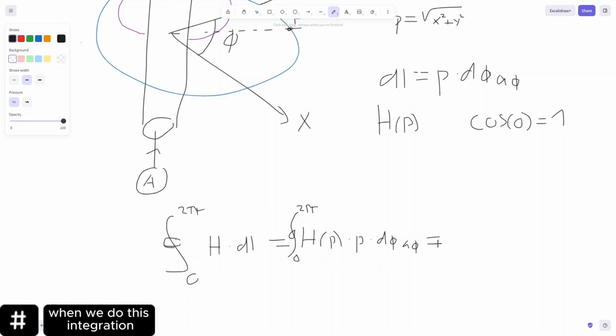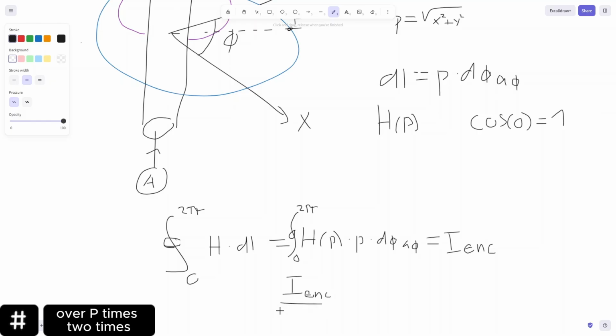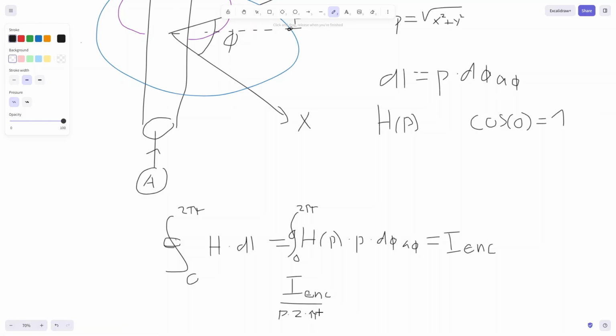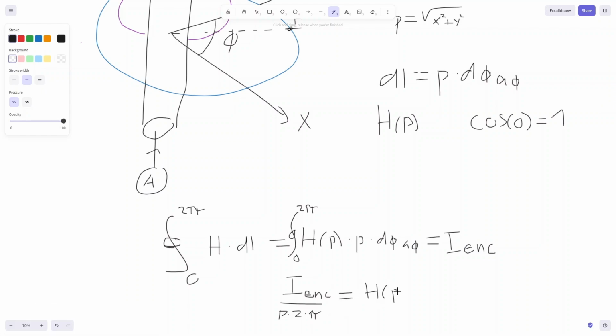When we do this integration, it should end up with the enclosed current of the wire. So when we do this, we can relate the current to the magnetic field intensity as the enclosed current over p times 2 times pi is equal to the magnetic field intensity.